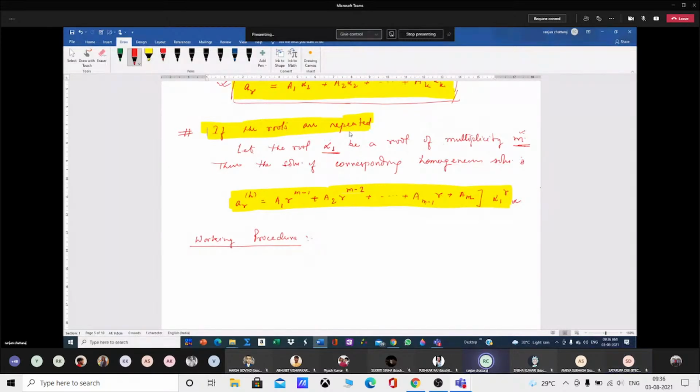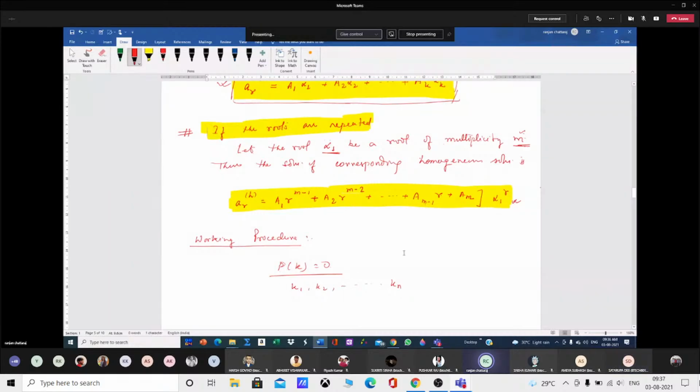Multiplicity means how many times a particular root repeats itself. Suppose you are solving an algebraic equation of kth degree, then what will you get? You will get the solutions, suppose k1, k2, up to kn.